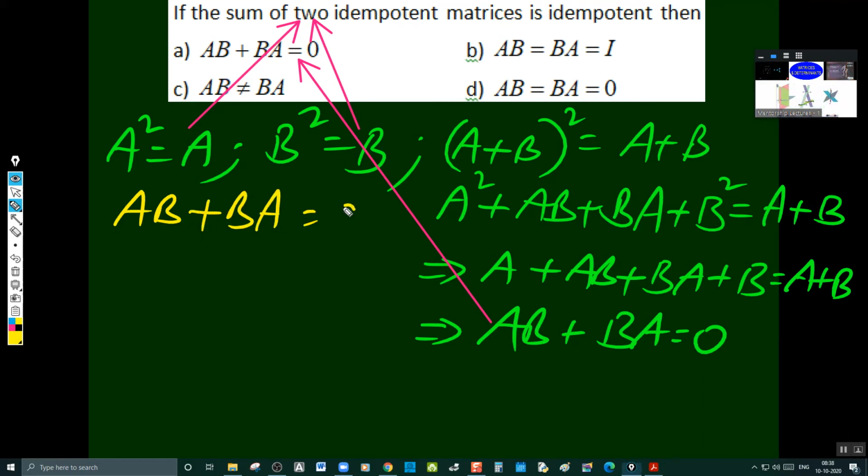is equal to 0. And what I do, I multiply throughout, left-hand side multiplication. I want to create A square here, as A into AB is equal to minus A into BA.